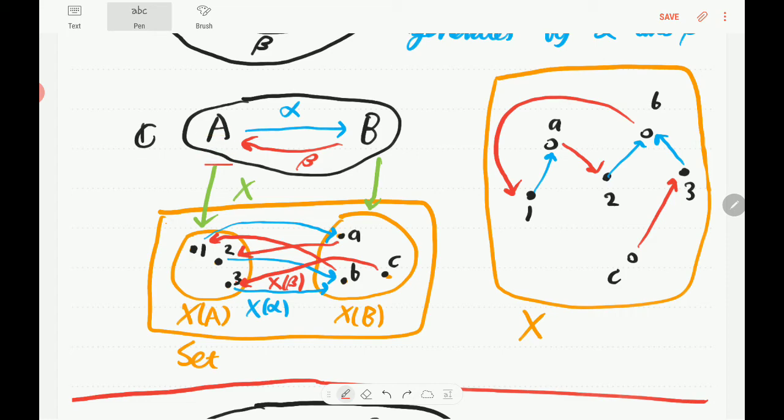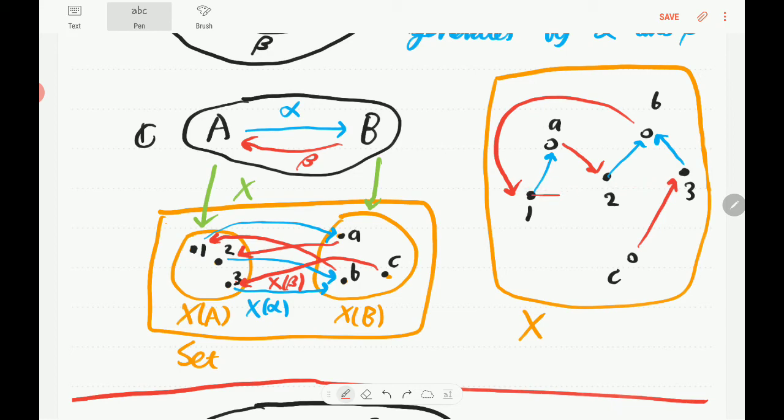It's going to send this object capital A to a set X of A. It's going to send B to a set X of B. And then this arrow alpha is going to get sent to a function X of alpha, and that's going to associate every element of X of A, which I'm drawing as solid dots here, with some element of X of B, which I'm drawing as hollow dots here, which is obtained by updating it.